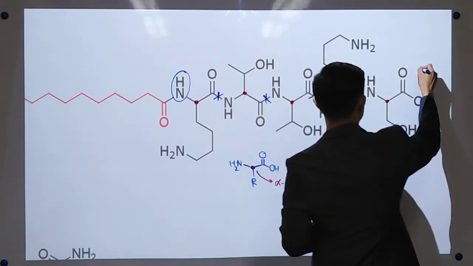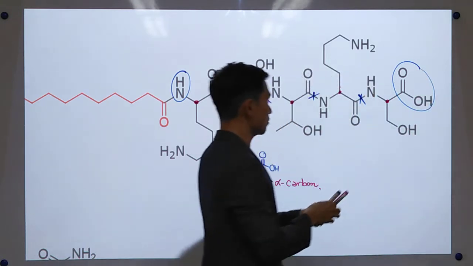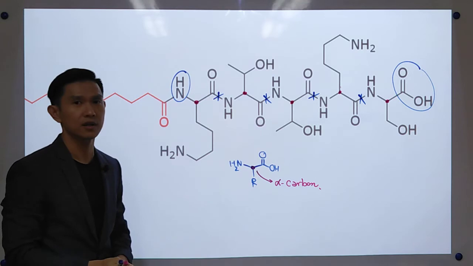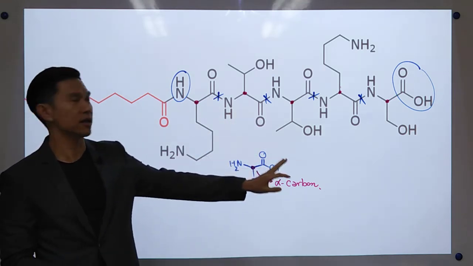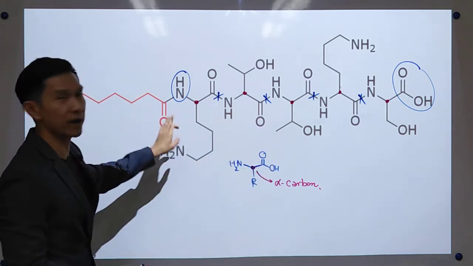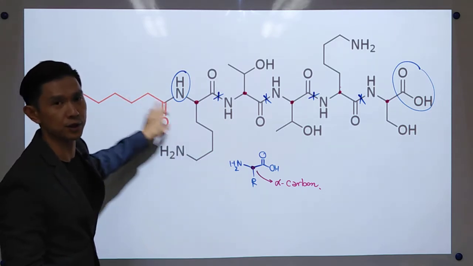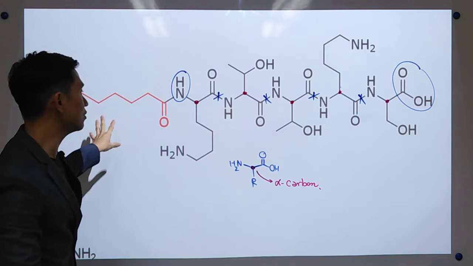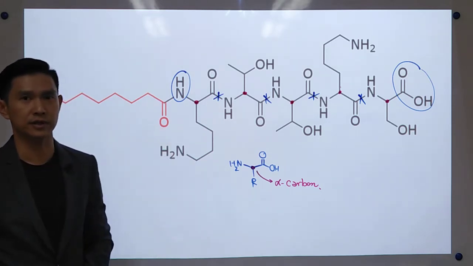So this is the C terminus, a carboxylic group, and it is free from modification. So you have a free carboxylic ending, and the amino ending is not free, it is captured by the fatty acid. So it's a modified N-terminus. So this is the structure of matrixyl.